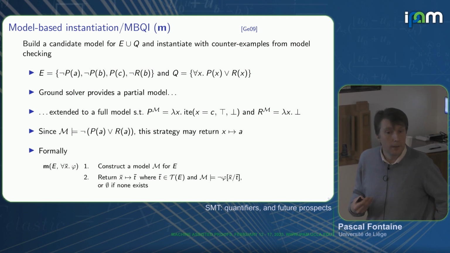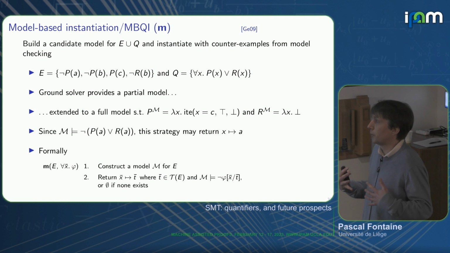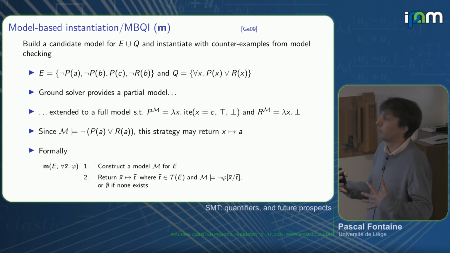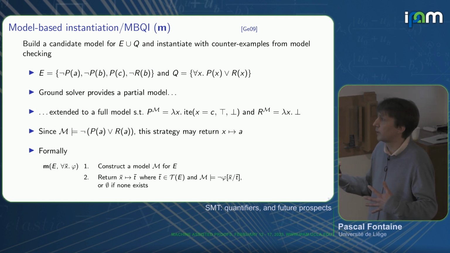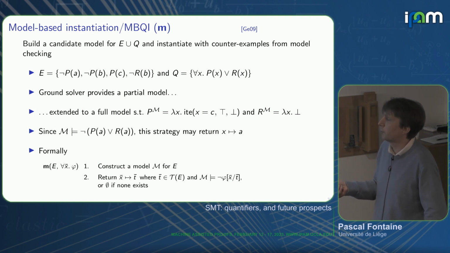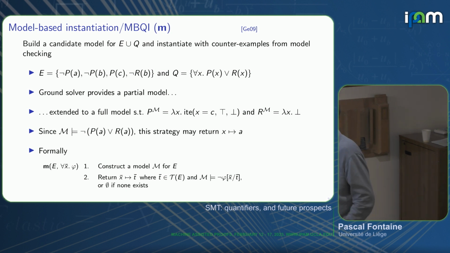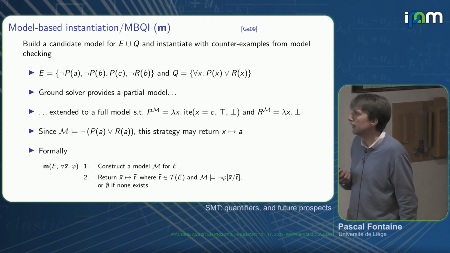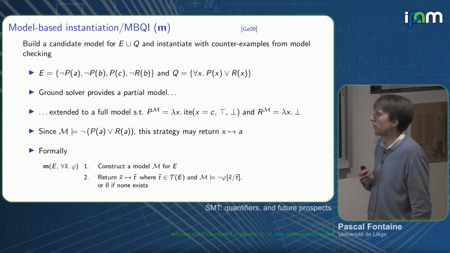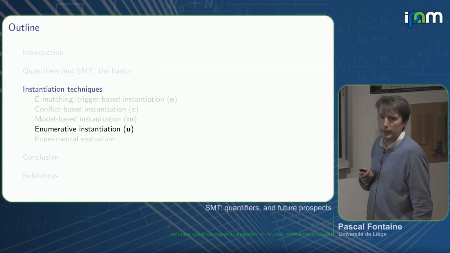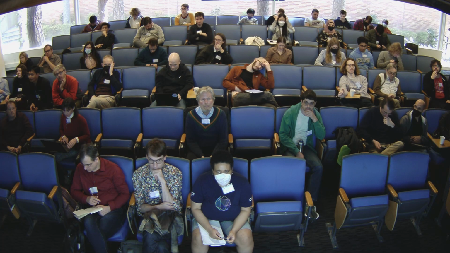And so you want to make your ground part more consistent with your quantified part. So you would add a new instance that tells you that you have to have either P of A true or R of A true, and that will feed your next try for the next round. ITE is if-then-else.